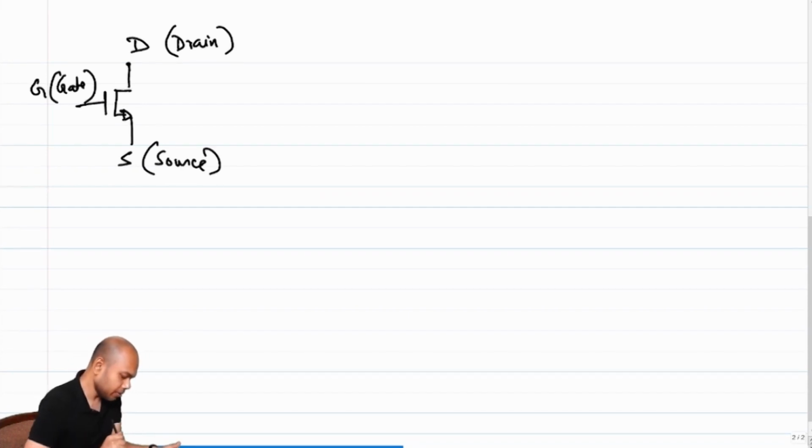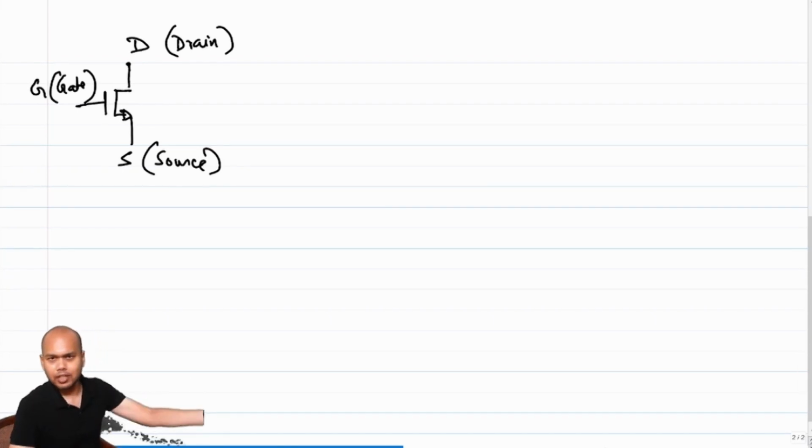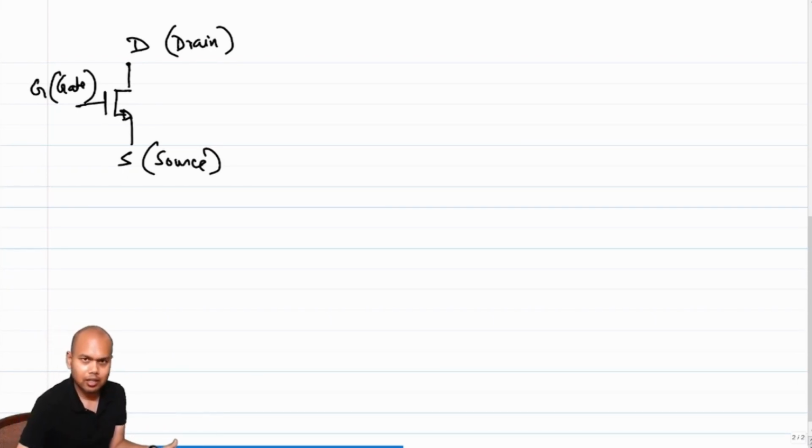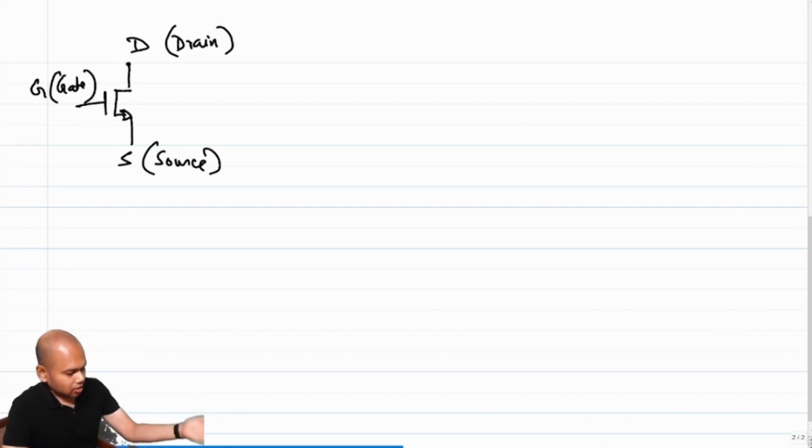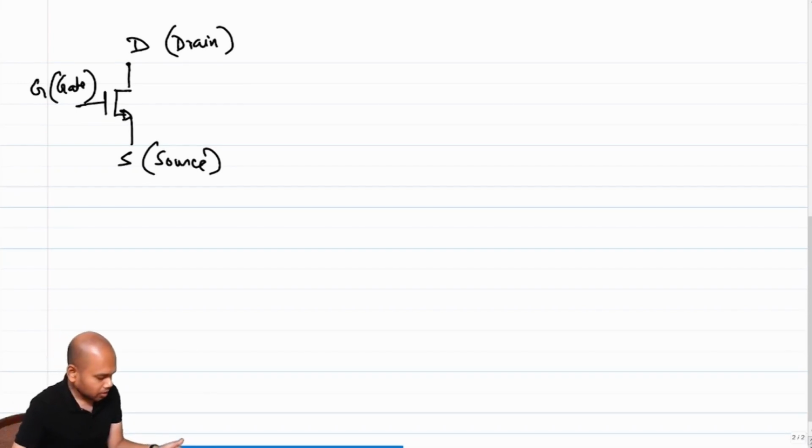So we must have been curious as to what these terminals mean, and if you already know, no harm, you can skip the next few minutes, right? If you don't know how a MOSFET works, then stick along. I'll try to give you a rudimentary understanding of how a MOSFET works.